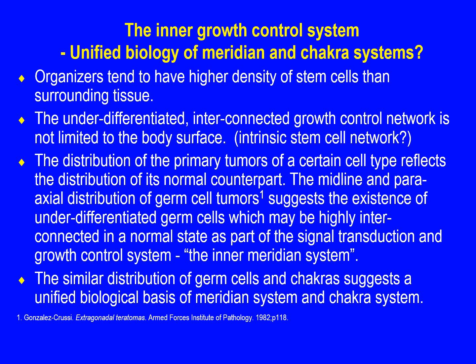One corollary from the organizer model of acupuncture is that the organizers should exist not only at the surface of the body, but also in the interior of the body to maintain proper growth control in adults.